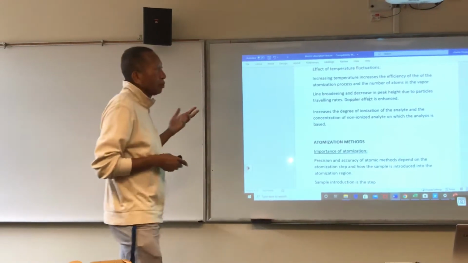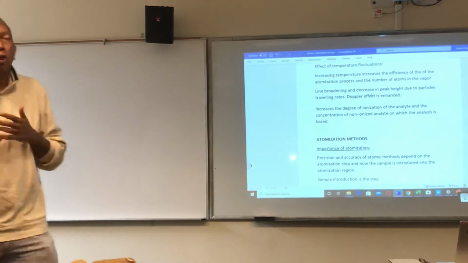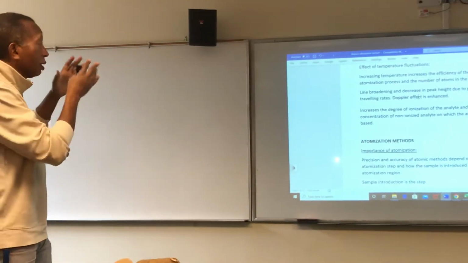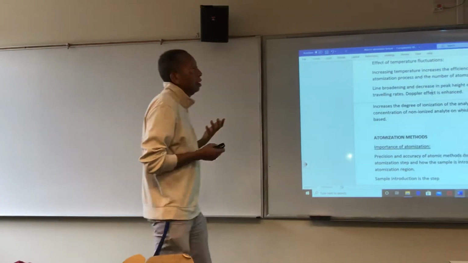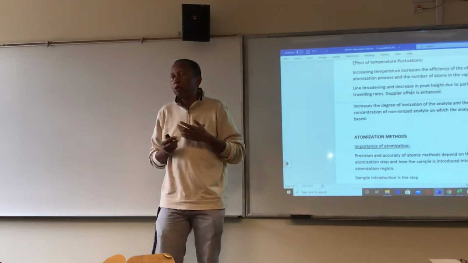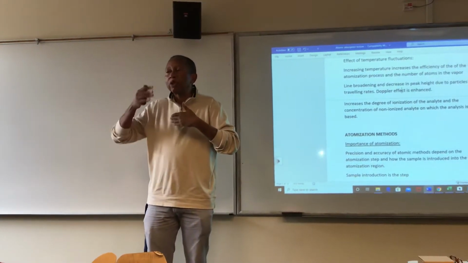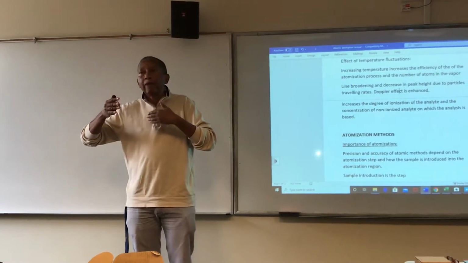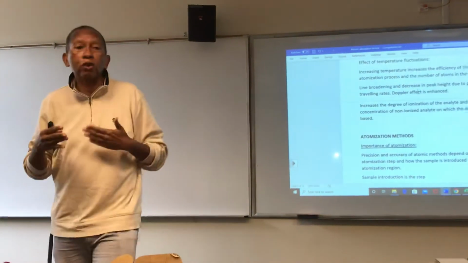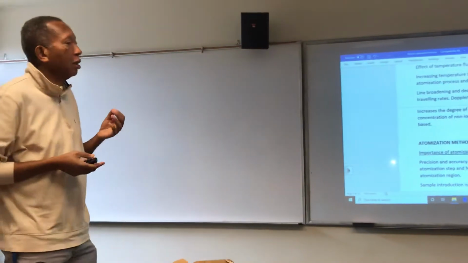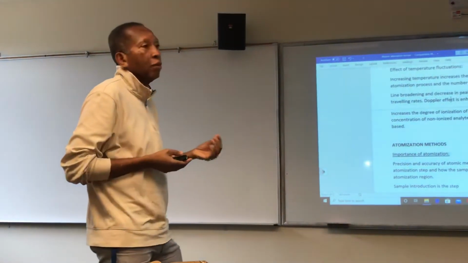When we get to atomic spectroscopy, we see something called the Doppler effect. And what it says is that the relationship between what is being measured and what is doing the measuring changes depending upon the orientation of the two. So in effect it says the act of measuring something changes what is being measured.